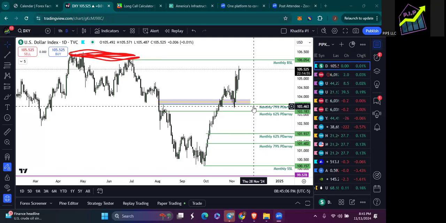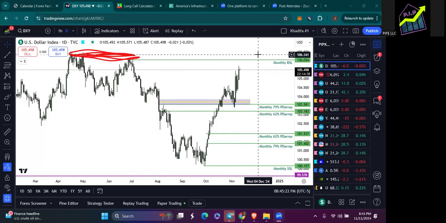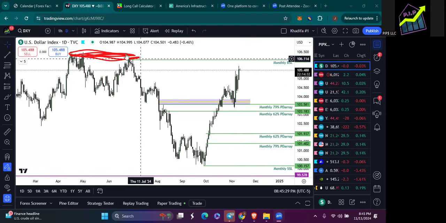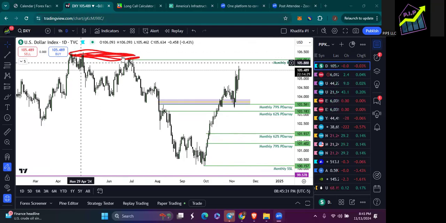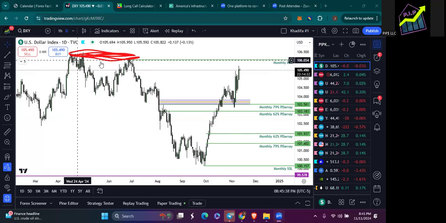With that said, we know that currency pairs tend to inversely correlate with the dollar, meaning they move in the opposite direction that the dollar moves in. So with me being bullish on the dollar, wanting to see the dollar run up into this monthly buy side liquidity, this big pool, this red circle that you see here is my equivalency to a pool of liquidity.